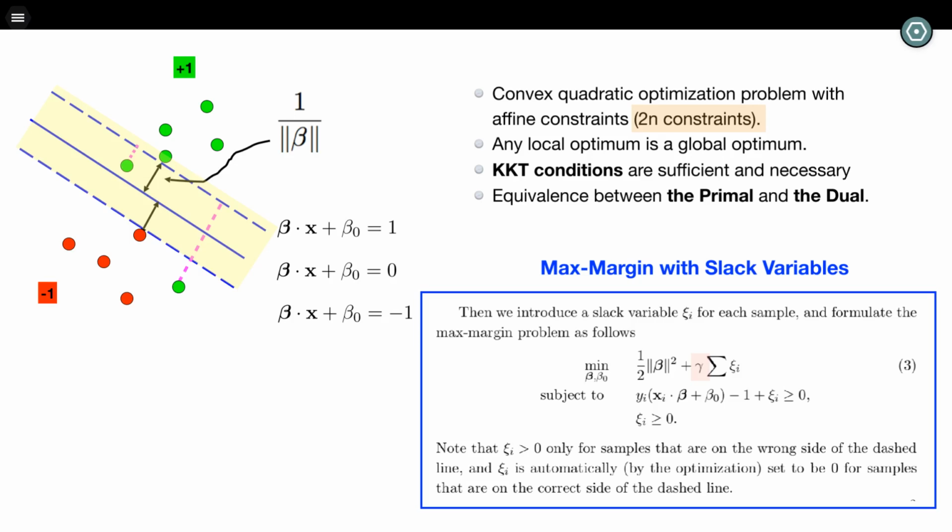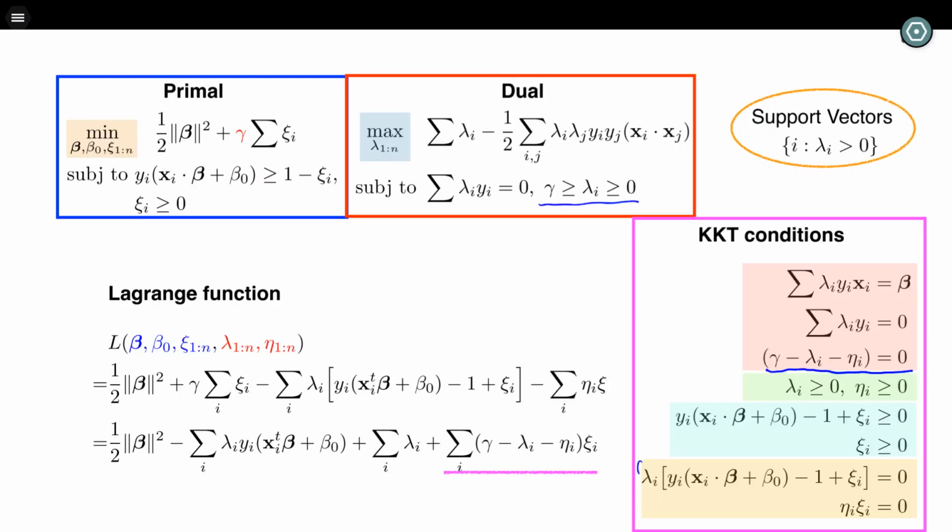Agree? Those are the points with Kxt i's non-zero. That means their eta i's must be 0, right? That means their lambda i's must be equal to gamma, so lambda i's must be non-zero.